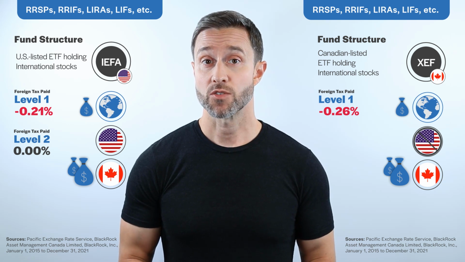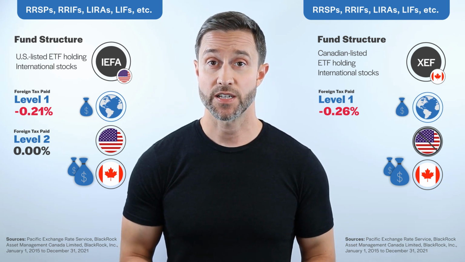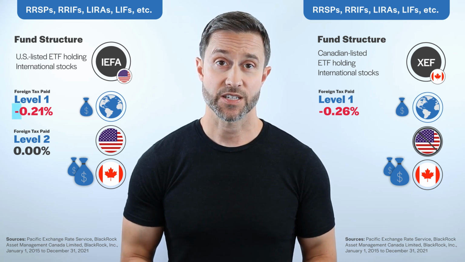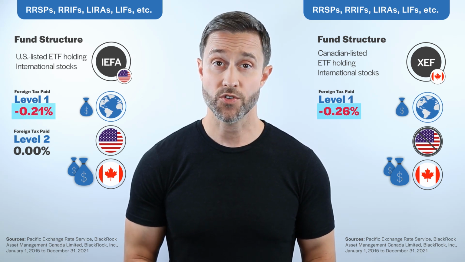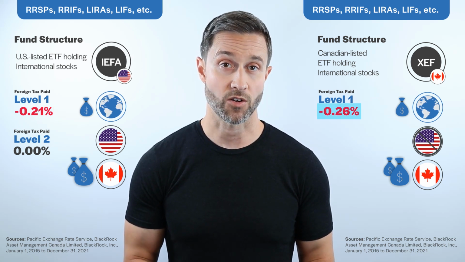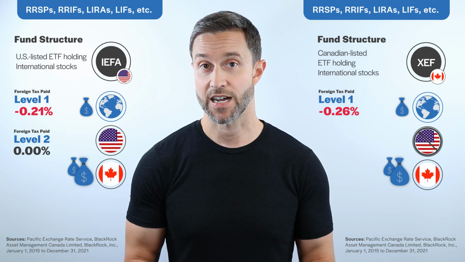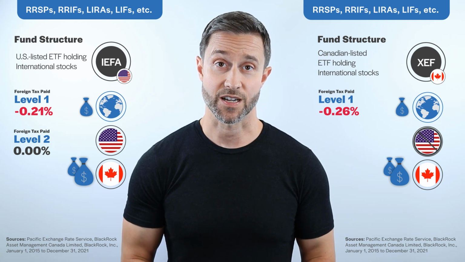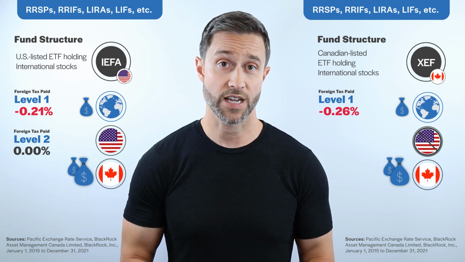So bottom line, when holding an international equity fund in an RSP, RRIF, or similar account, you can expect a similar overall tax drag whether you hold the US-listed ETF that holds international stocks, like IEFA, or a Canadian-listed ETF that holds international stocks, like XEF or VIU.